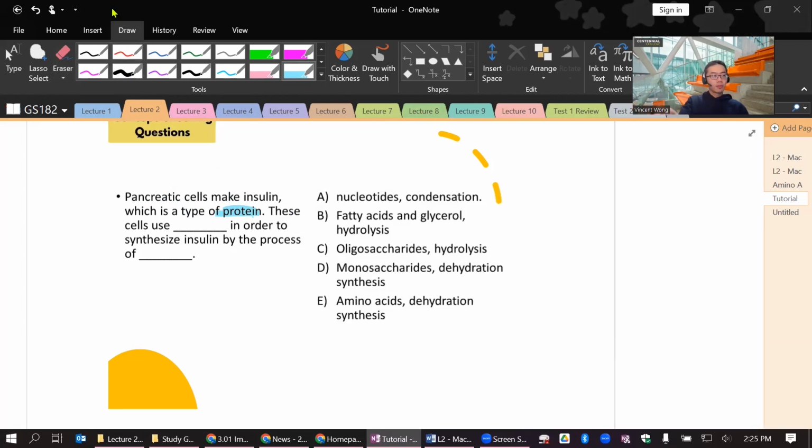What are the monomers for proteins, in other words? It's amino acids. So that's why this is the choice. Nucleotide is for making DNA. Fatty acid is for making lipids. That's for making sugar. So that's why it's amino acids. And when we connect the amino acids together, we use the process of dehydration synthesis. So the answer is E.